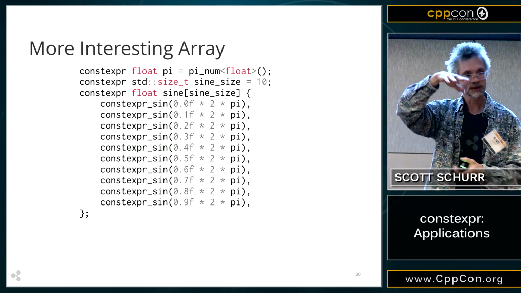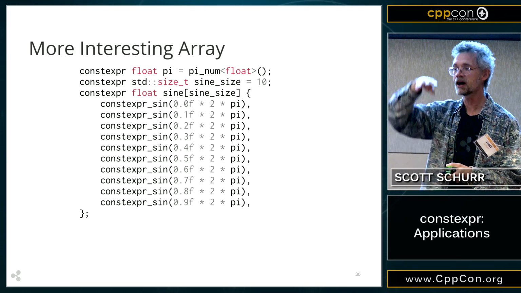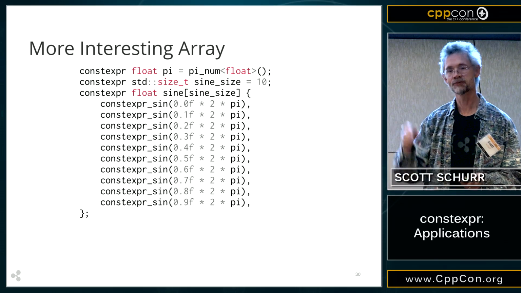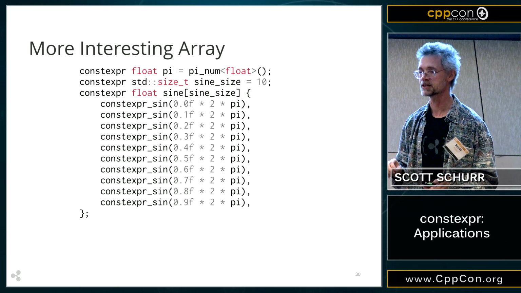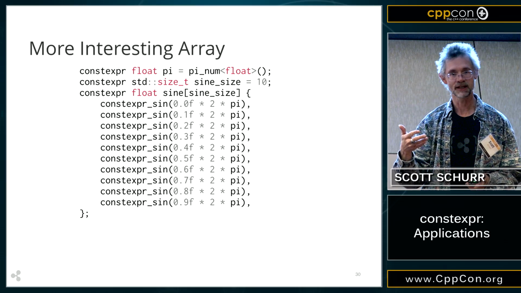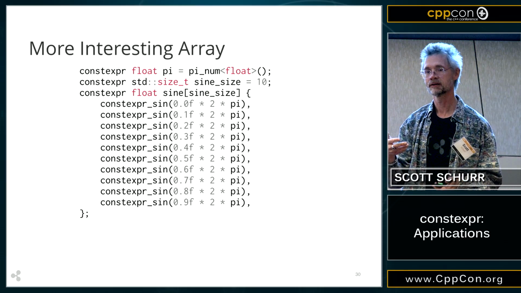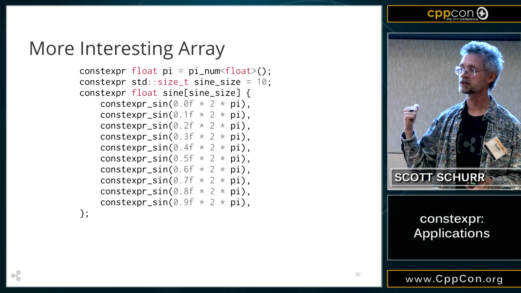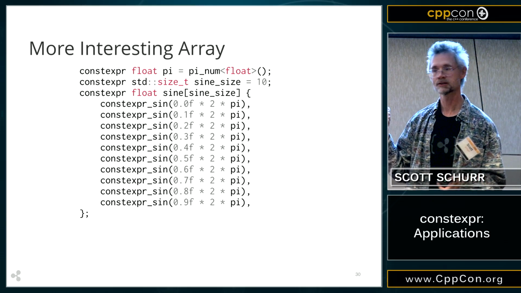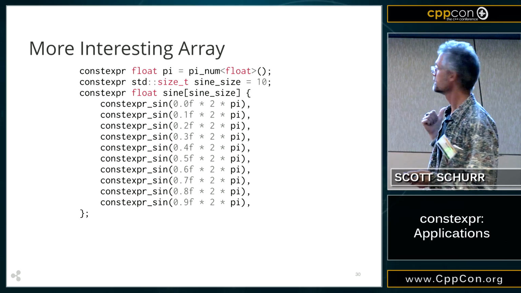And so you have this array of 10 floating point values. If somebody comes in to maintain this, and there isn't a nice comment up at the top that says this is a sine wave, if you just stare at it, you're going to say, what in the heck is going on? So now we can compute the sine wave at compile time and put the results in the array.